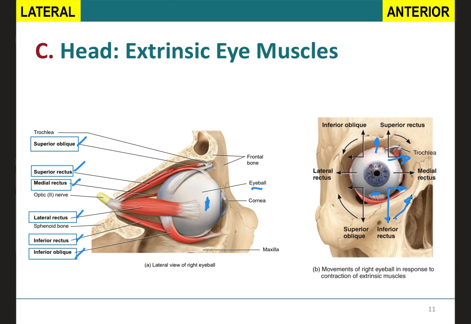The medial rectus will insert medially on the sclera, and when this muscle contracts, it will perform adduction. Therefore, it will bring it closer to the nose. The lateral rectus will insert on the lateral part of the sclera, and the main function will be abduction, so pulling it away from the nose.